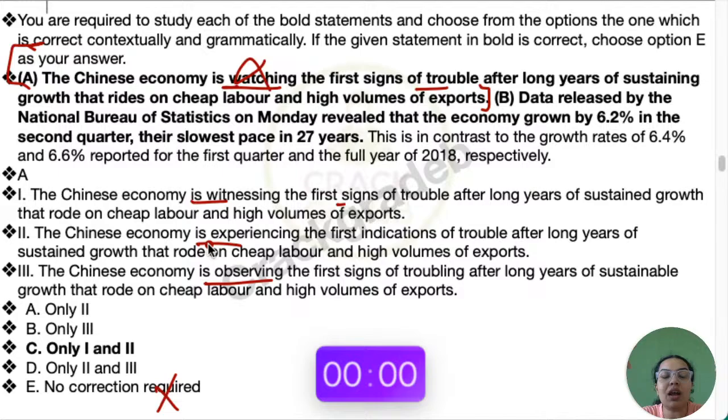Second is when we observe a fast today, that means they themselves are on fast today. They are observing some kind of a day, some kind of a festival today. So observing has another meaning. Now in this case, I cannot say the economy is a person or something that will observe something else, like for science. Answer was C.